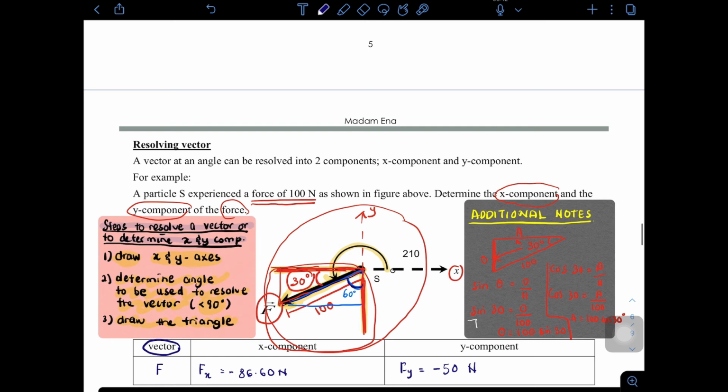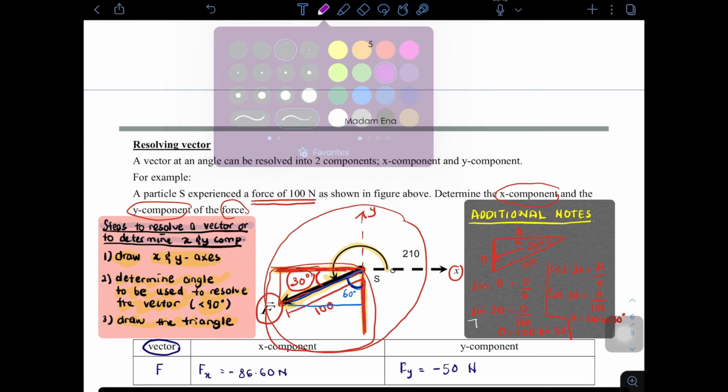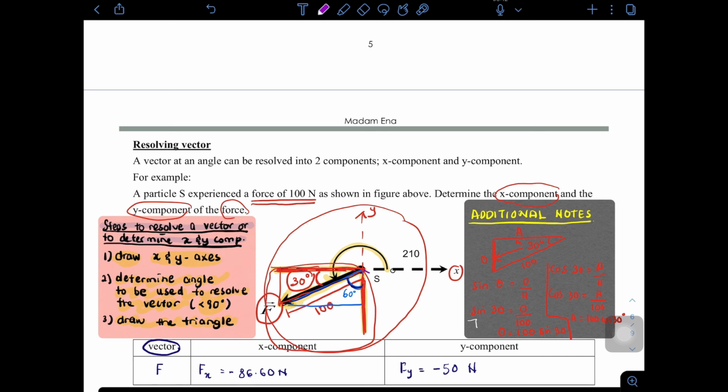Remember, the x and y components of a vector should include a negative sign if it goes downwards or to the left. But if you have a new vector, maybe over here, involving this quadrant, your Fx will be to the right and your Fy downwards, so Fx is positive and Fy is negative.